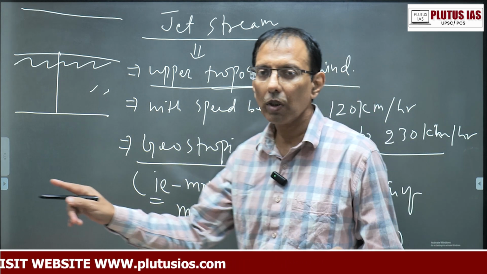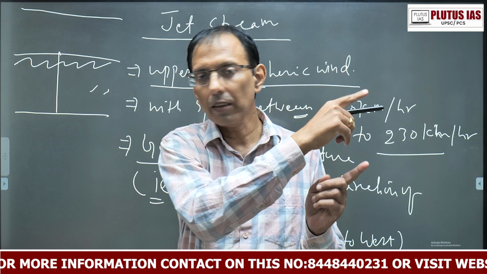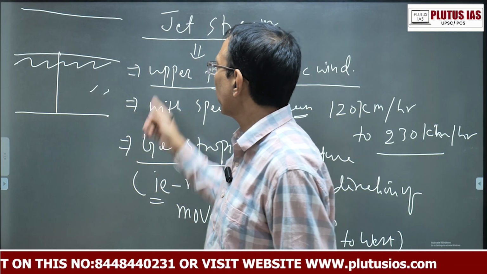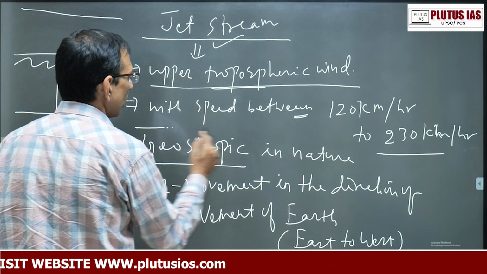Earth is rotating from, what you say, east, like that. This is the east, then east to west, like this. So, in the same way, the jet stream is also moving, hence known as geostropic.